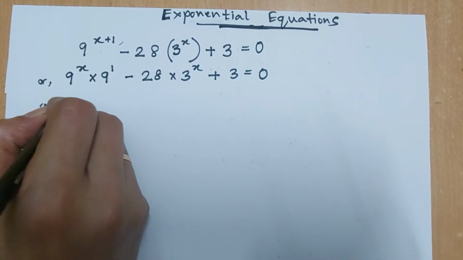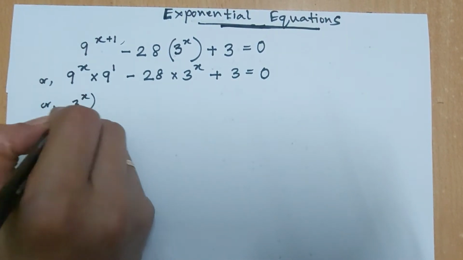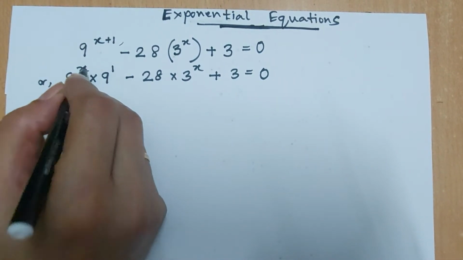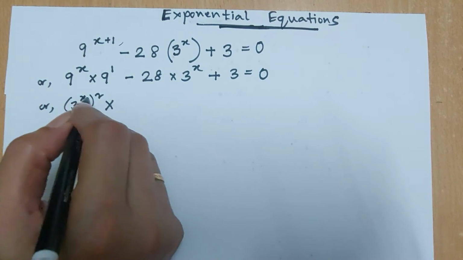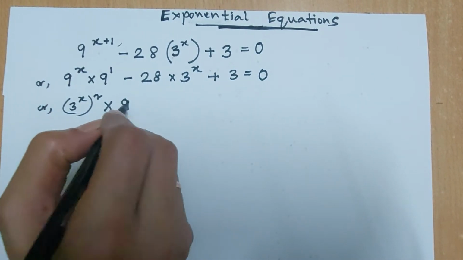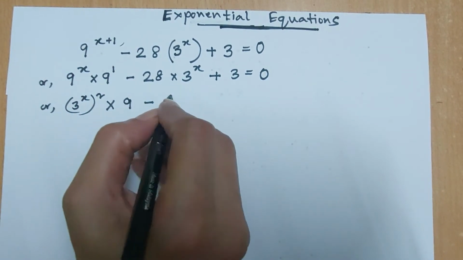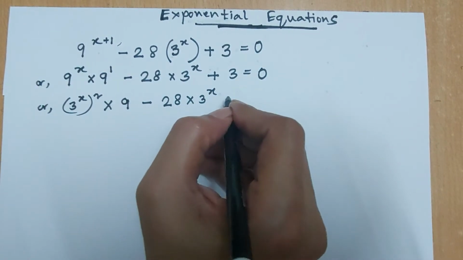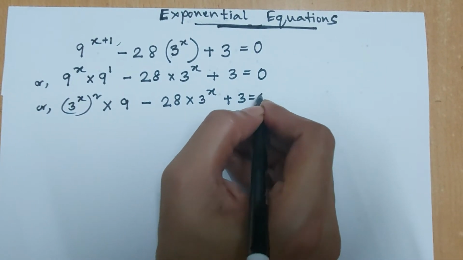And now 9 power x is turned into 3 power x whole square, that is 9 into 3 power x whole square minus 28 into 3 power x plus 3 equal to 0.